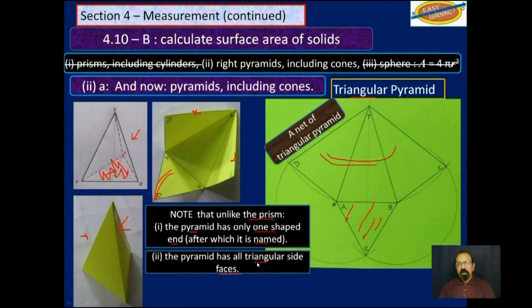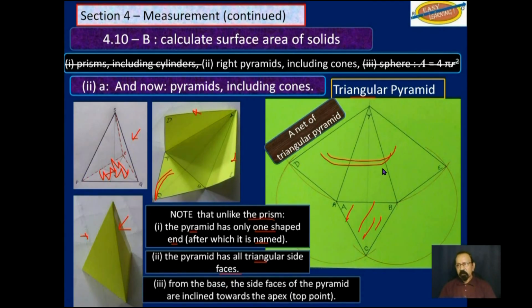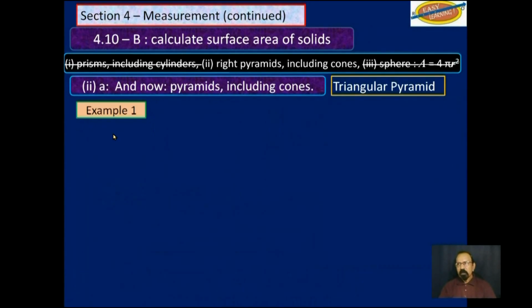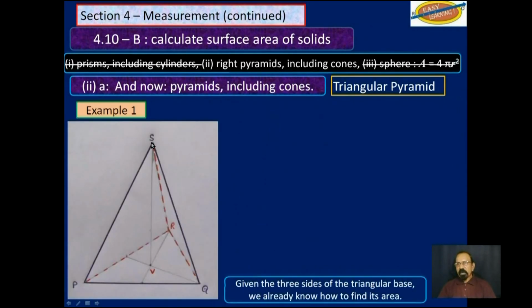And thirdly, from the base, the side faces of the pyramid are inclined towards the apex at the top. So example 1, we have a triangular pyramid here.